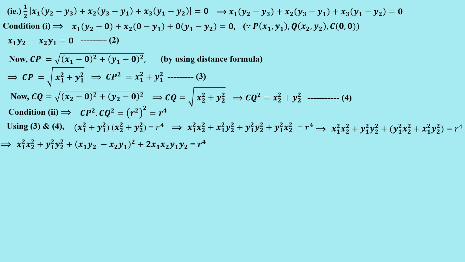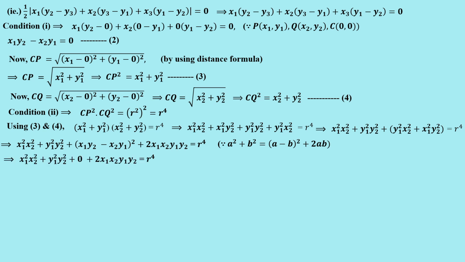So these two terms, x1 square x2 square plus y1 square y2 square, and the remaining two terms can be written as (x1 y2 minus x2 y1) the whole square plus 2 x1 x2 y1 y2, that is equal to r power 4, because a square plus b square can be written as (a minus b) the whole square plus 2ab, right? We are using that formula.